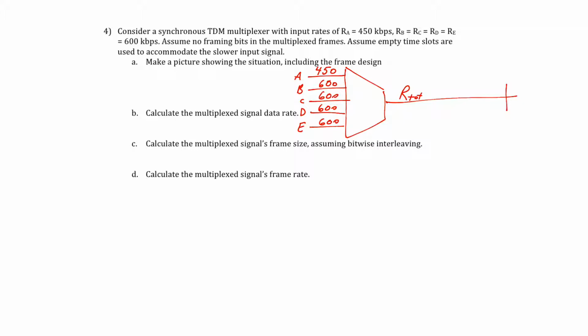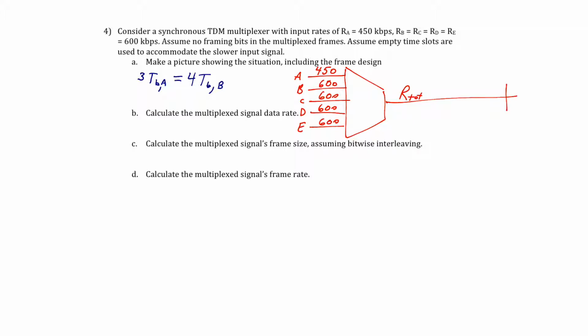And if you think about this, in the time that it takes 3 bits from source A, this is 3 times the bit period of source A, is going to be 4 times the bit period for source B, and that's because their data rates are in a ratio of 3 to 4.